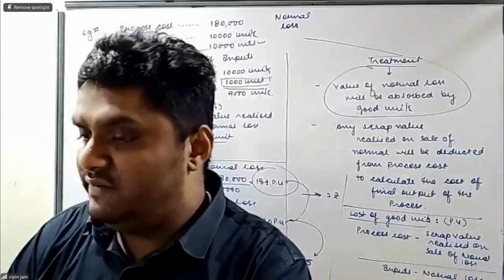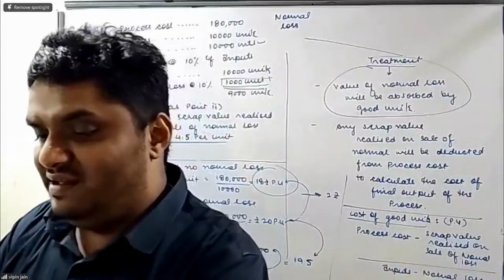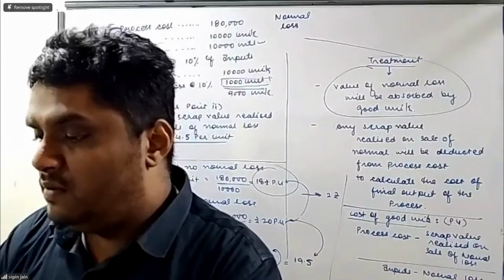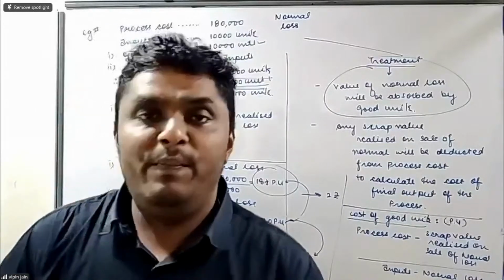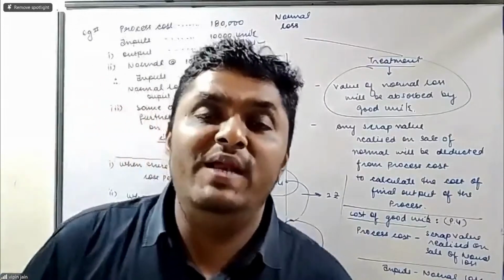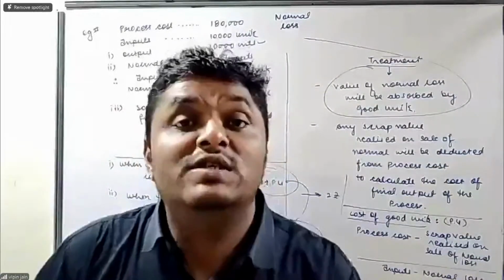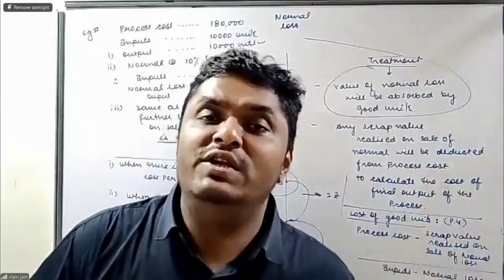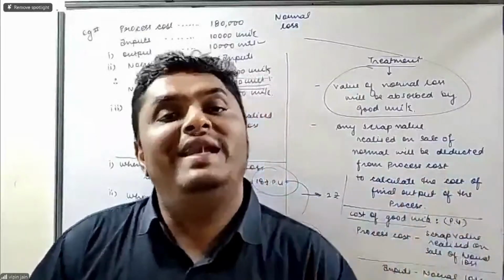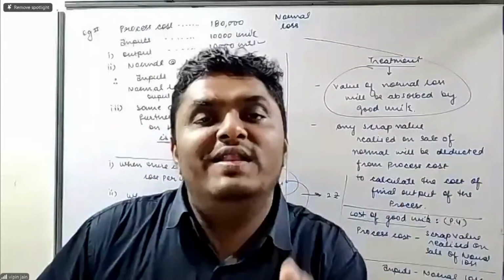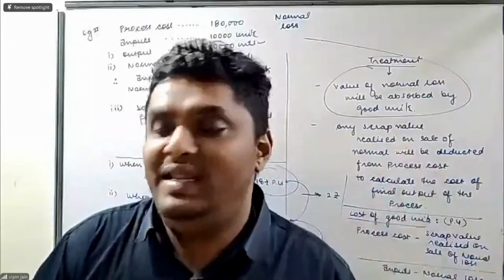Anyways, I've just received your query, so giving you 2 minutes to copy. Yes, the cost of product will be inflated because of normal loss. The cost that was supposed to be absorbed by 10,000 units will now be absorbed by 9,000 units. So the proportionate cost of 1,000 units will be absorbed by the remaining 9,000 units.